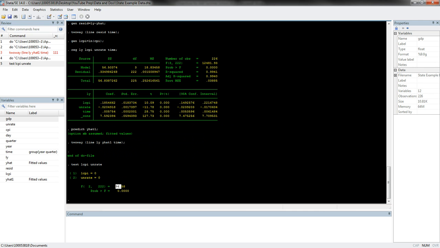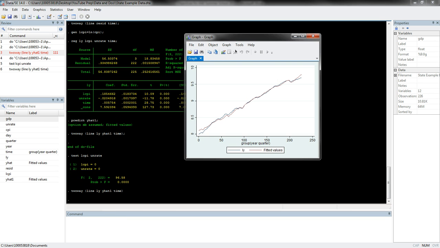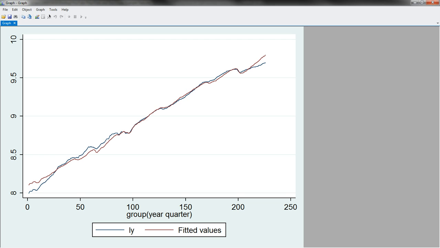This is my f-stat from that test, and this is telling me that it's very unlikely that both the natural log of the CPI and the unemployment rate do not help predict GDP, which was obvious from our graph that we had right here. Not only do we have the upward trend, but we have some variation in GDP. And so that's what this f-test is really testing, whether this variation actually contributes significantly to the variation of the blue line.